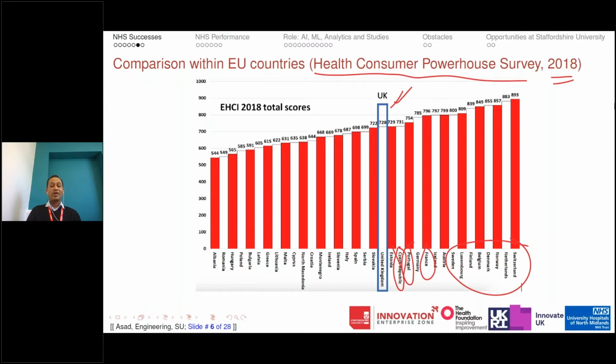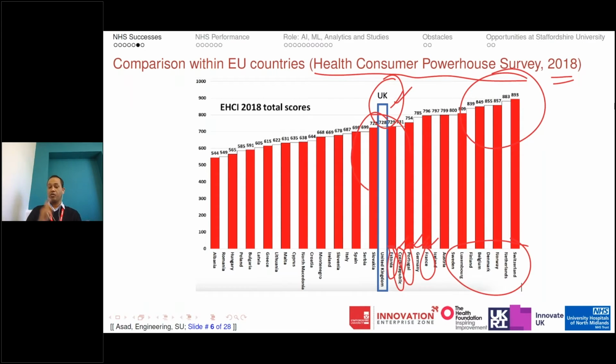NHS is one of our pride. We want to see NHS UK somewhere in the top, not in the middle, not, you know, after Czech, not after Portugal, not after France, Germany. Okay. Well, for Estonia, last year gone one rank, well, above UK.